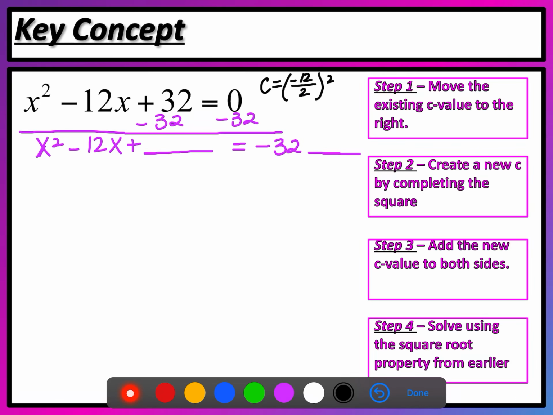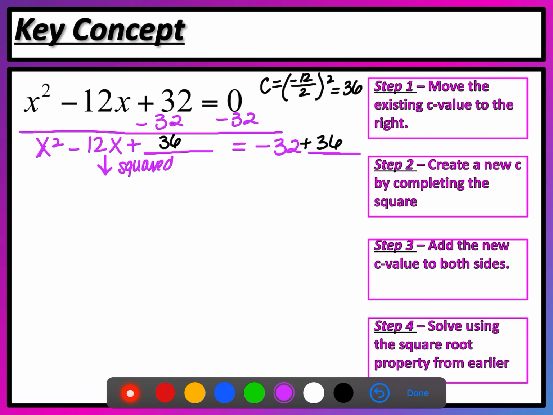So b over 2 squared, -12 over 2 squared. I'm going to be adding a 36 on both sides, because -12 divided by 2 is -6. Square that for a 36.